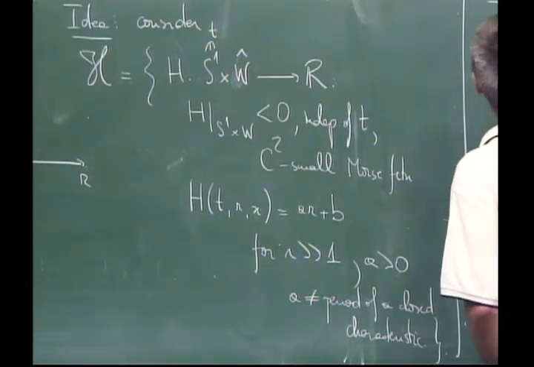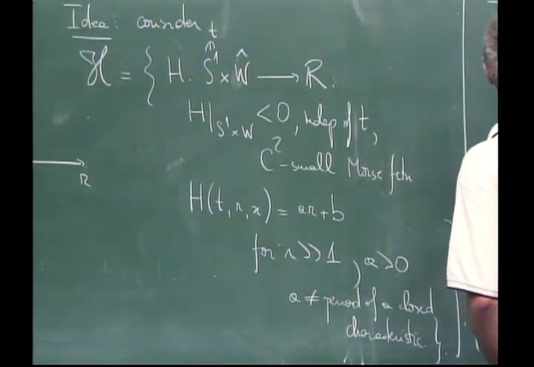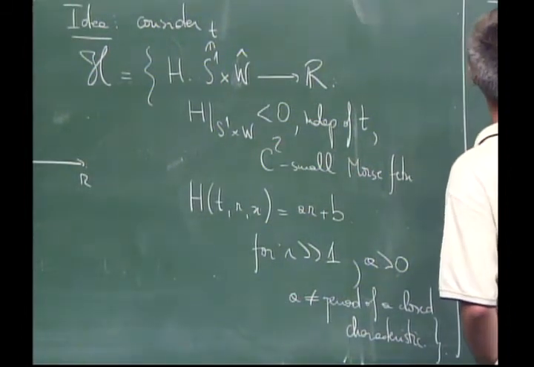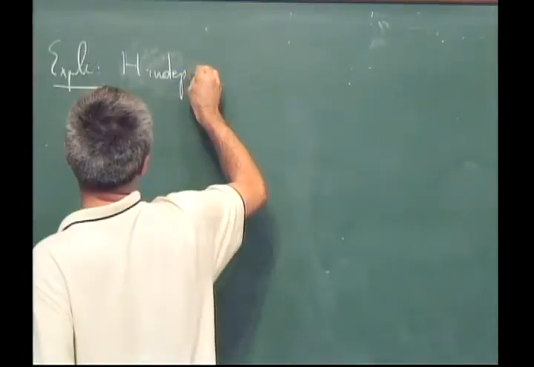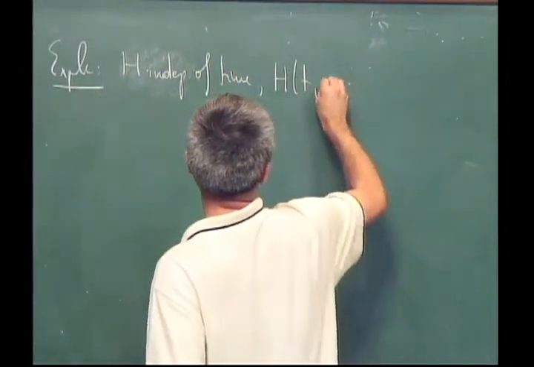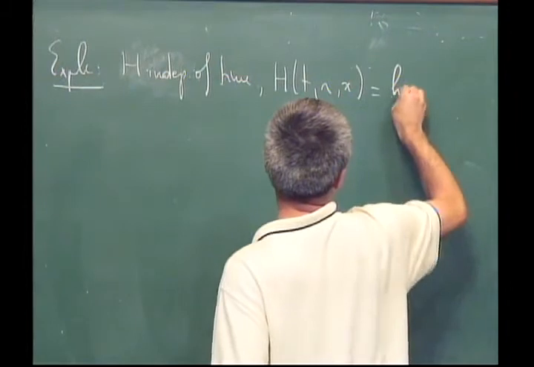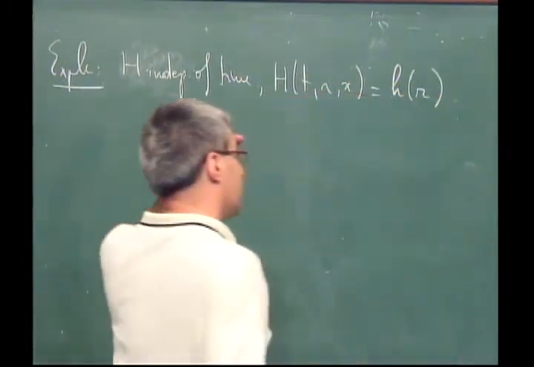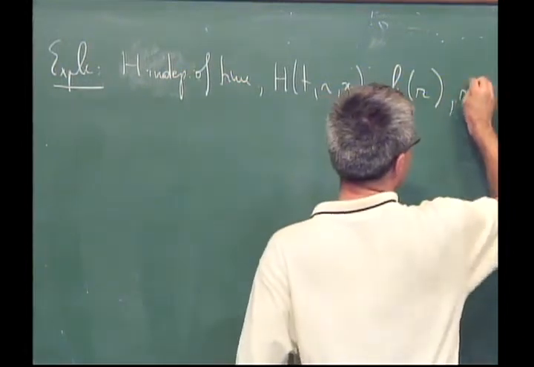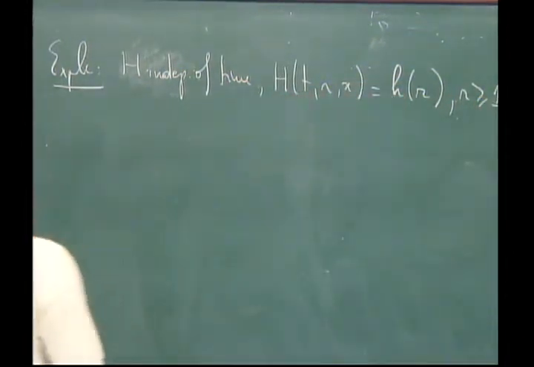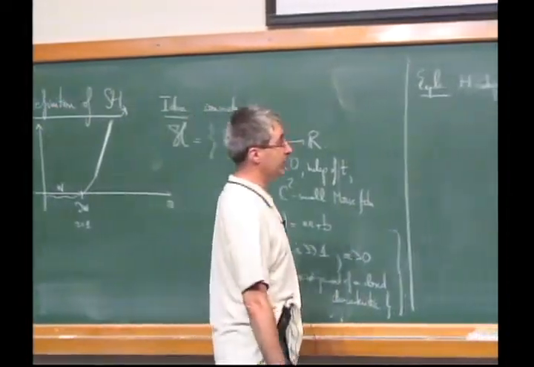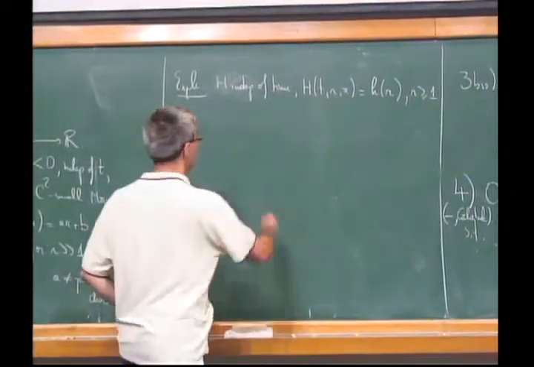Say H independent of time everywhere, and H of T, R, X equal to some H of R for R in the half symplectization that we have added. So let's compute what the Hamiltonian vector field is here.